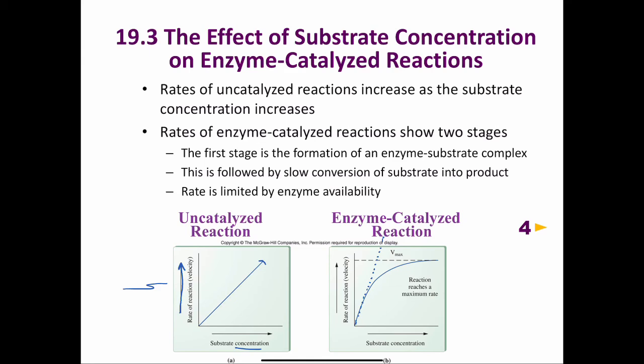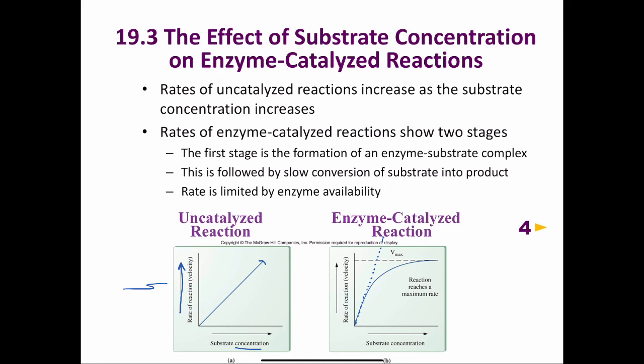At that maximum value, the active sites of all the enzyme molecules are occupied. They're all filled up by substrate molecules. The active site is the region of the enzyme that specifically binds the substrate and catalyzes the reaction. So a new molecule of substrate cannot bind to the enzyme molecule until the substrate molecule that's already held in the active site is converted to product and then released.